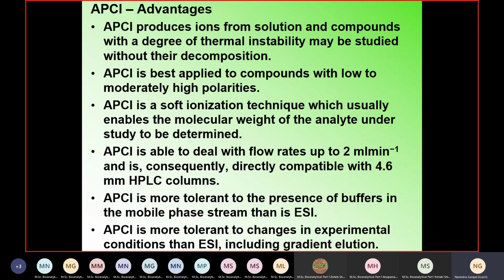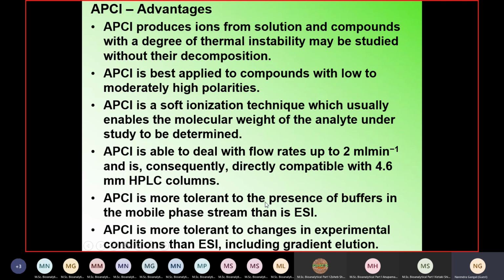As I said, once the chromatography is over, the separation is over, that solvent has no role in thermospray as well as electrospray. Whereas in the case of APCI, the solvent has a big role, and that is why up to 2 ml per minute can all be taken care of. So normally your columns which are 4.6 mm diameter can be utilized easily. You don't need micro LC or anything.